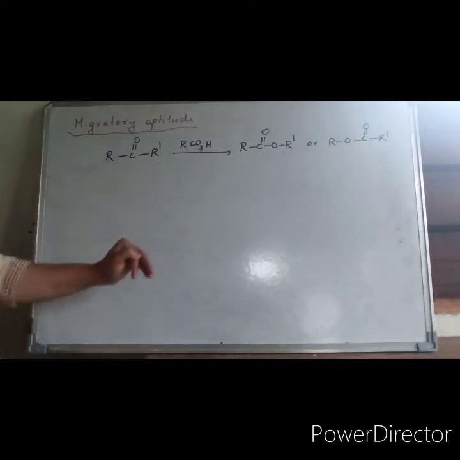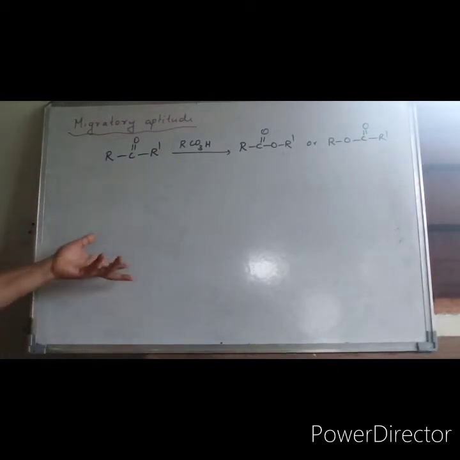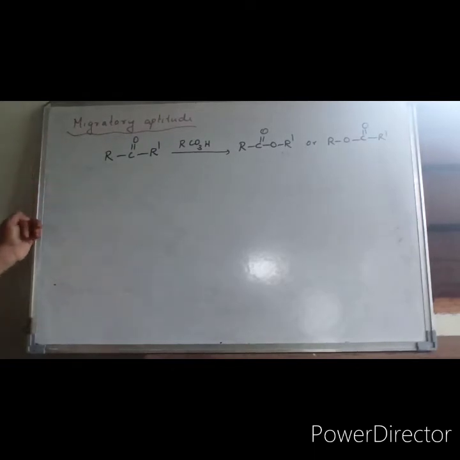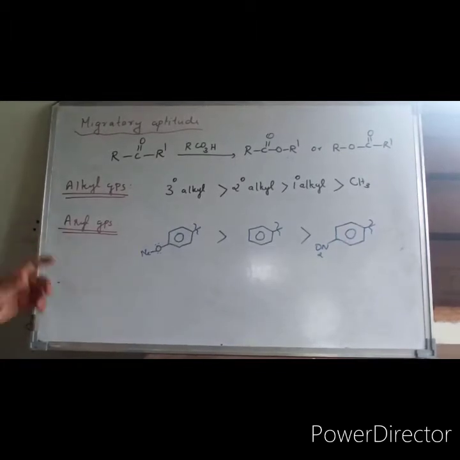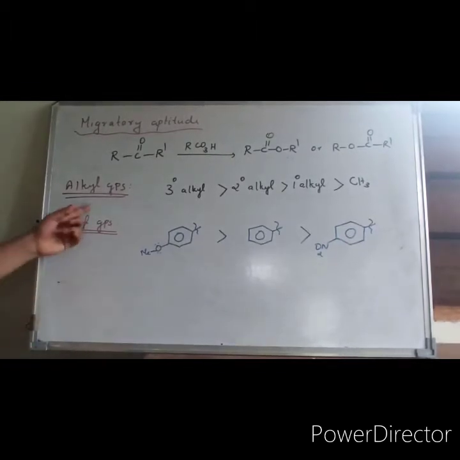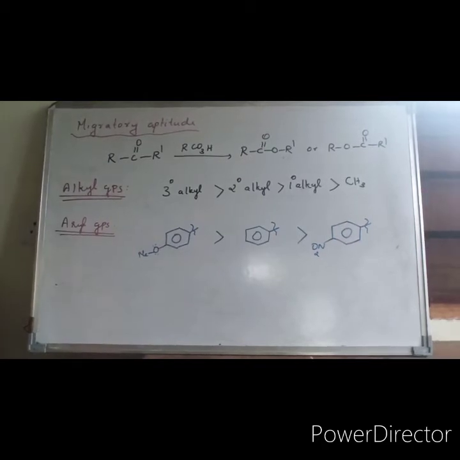So the migratory aptitude of the alkyl groups predicts the product of the reaction. So that is why understanding the migratory aptitude of groups is very important in the case of Baeyer-Villiger oxidation. Let us first consider among the alkyl groups which will be having greater migratory aptitude.